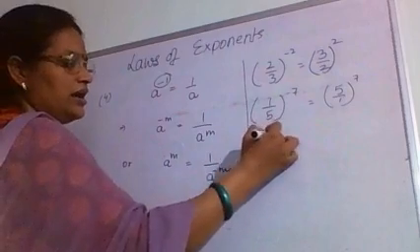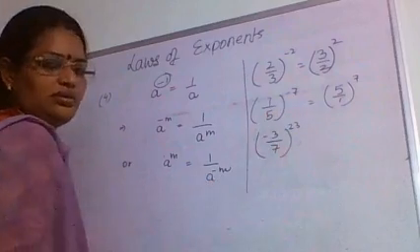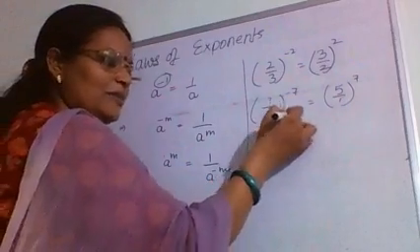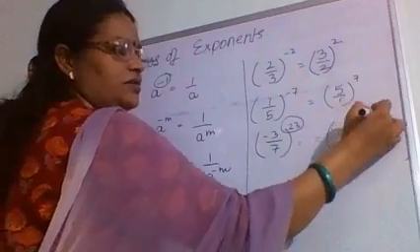Minus 3 by 7 raised to power 23 stays as it is, because the power is positive.